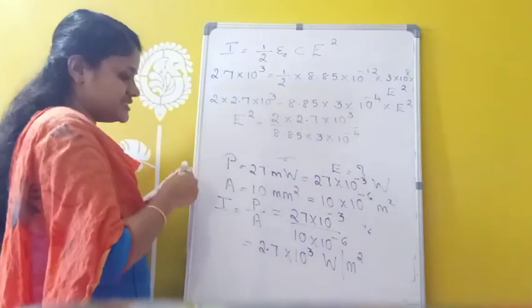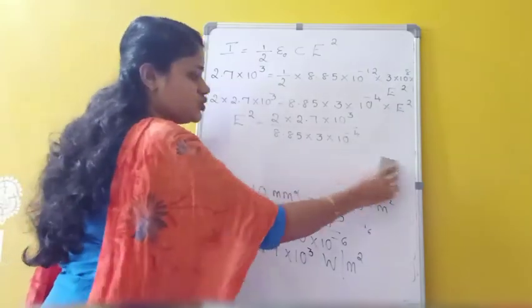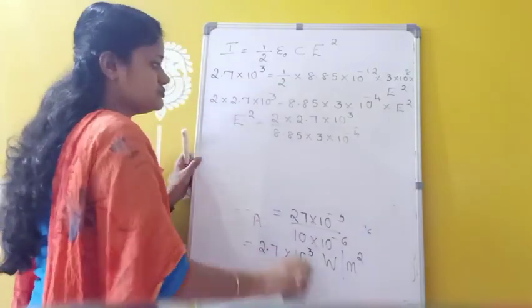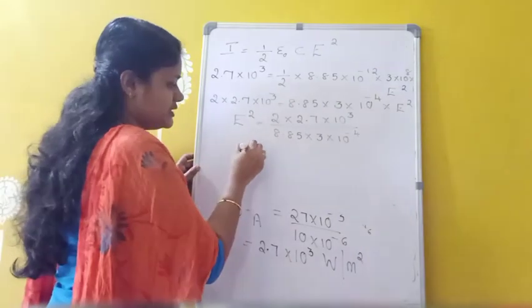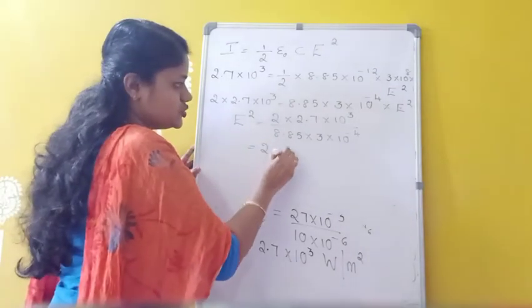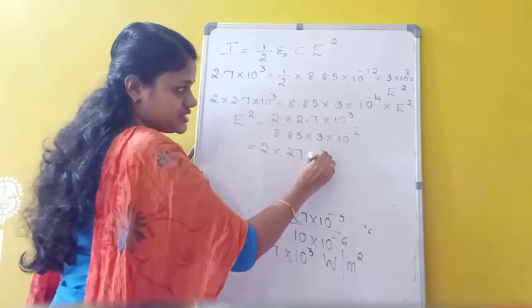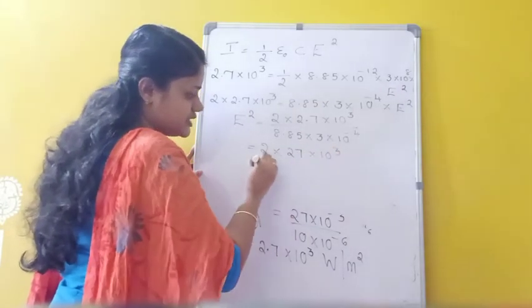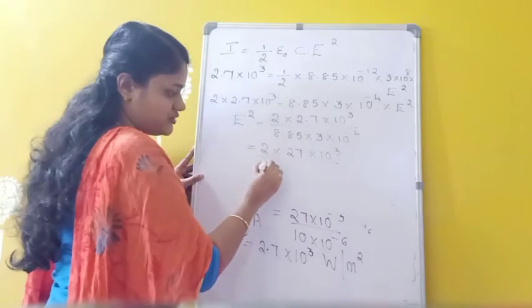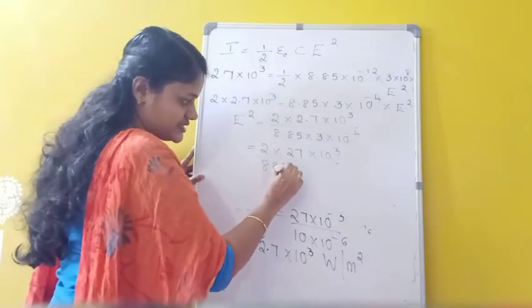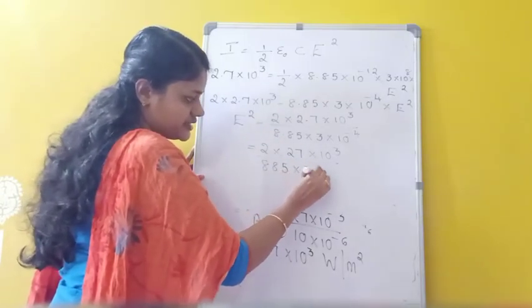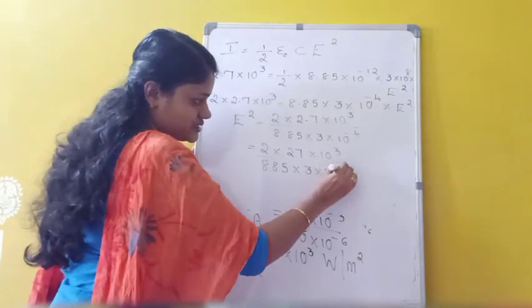Now we can simplify. First of all we can remove the decimals. Removing the decimal, I am writing 2.7 as 27 into 10 raised to 3. Similarly, in the denominator, 8.85, I am removing the decimal, 885 into 3 into 10 raised to minus 4.